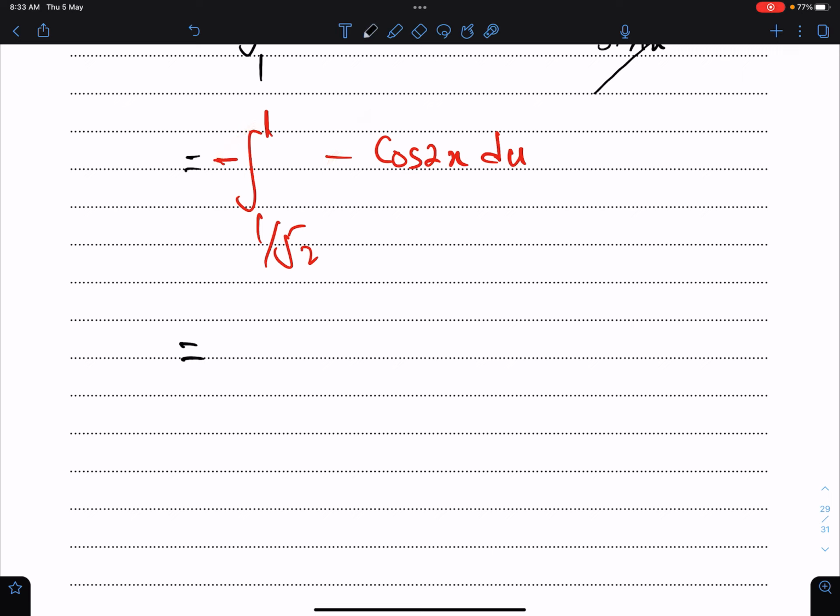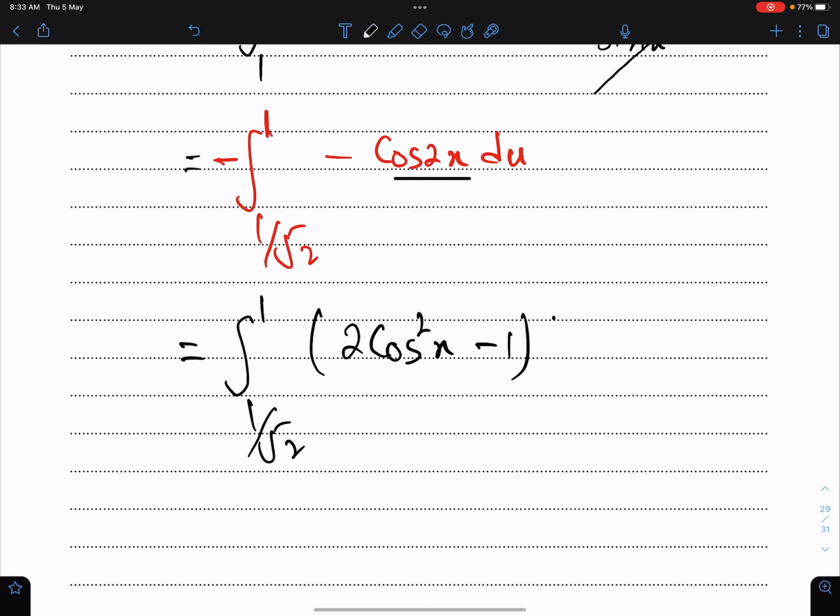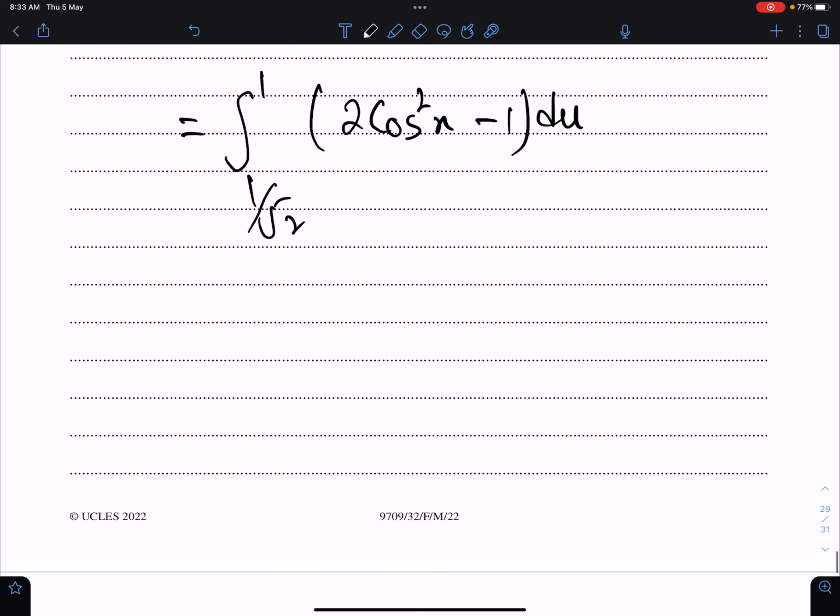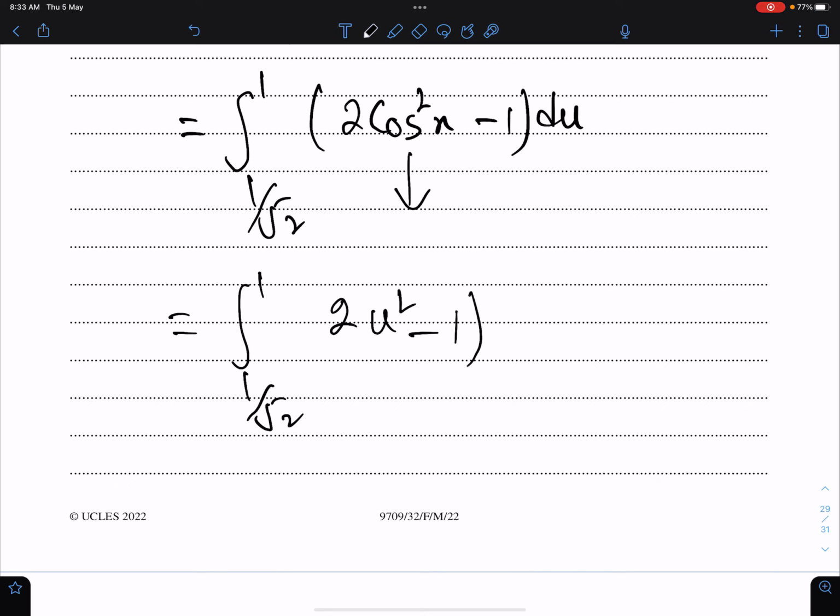So we have 1 upon root 2 to 1, and we have to use the double angle formula of cos here, which is 2 cos square x minus 1. Now we have to substitute cos by u, so u square.